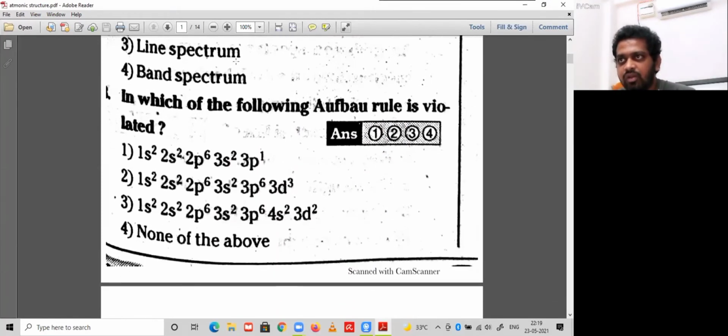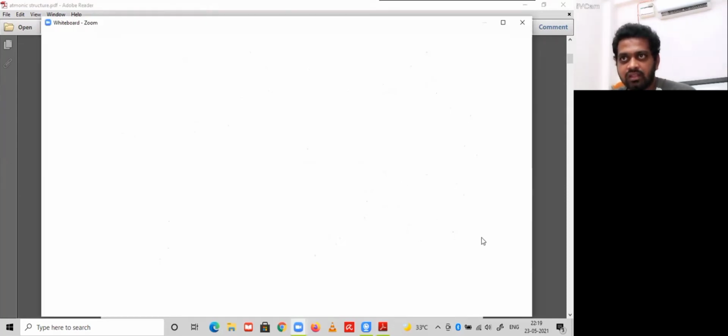Here we will use the Aufbau chart in order to explain the above principle. In the first main energy level we have l equal to 0, that is the 1s subshell. In the second main energy level we have 2s and 2p as the sub energy levels.